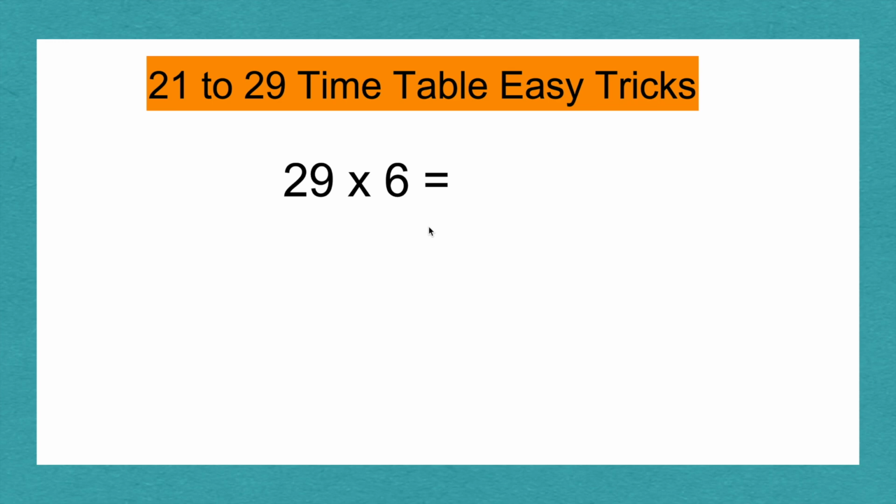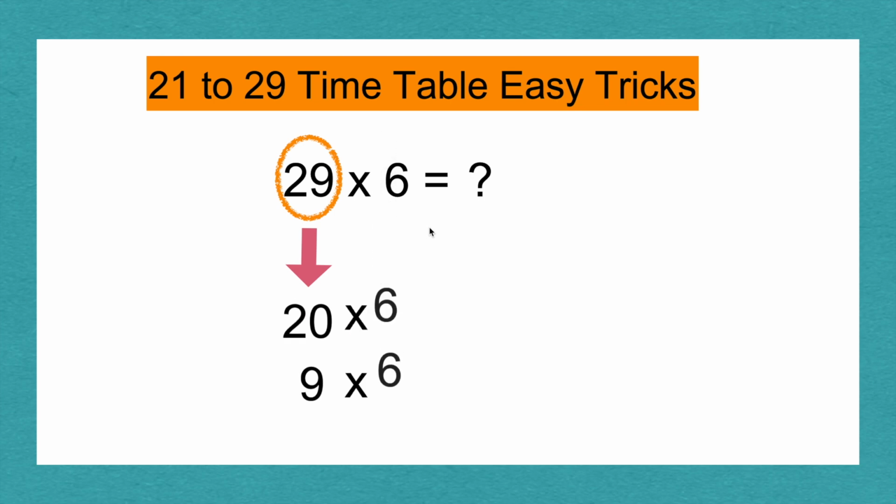Next, we are going to do 29 times 6. Circle 29, split it again, this time 20 and 9, times 6, 6 is the other number. 2 times 6 equals 12.